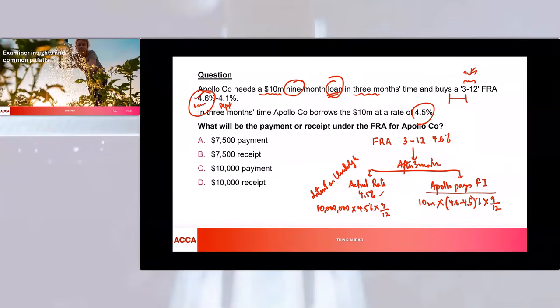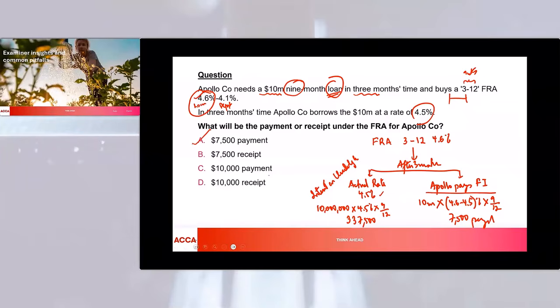The calculation 10 million into 4.5 percent into 9 divided by 12 gives 337,500. And here it is 10 million into 0.1 percent into 9 divided by 12, which gives me 7,500. So the right answer is 7,500. Apollo is paying, it is a payment. So the answer is A.